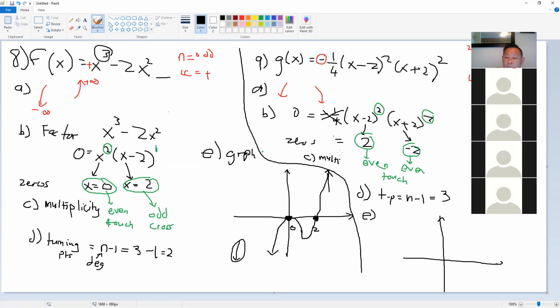So the first thing you're telling me, both ends go down. So I just put down, goes down. 2 and negative 2. So negative 2 is here and 2 is here. This is your x-intercept or your zeros here. And it touches. Touches means parabola. So if you look at the negative 2, is this going up or down? Down. And what tells us it opens down?